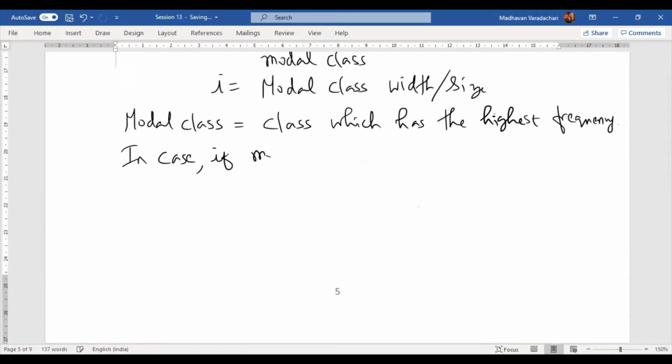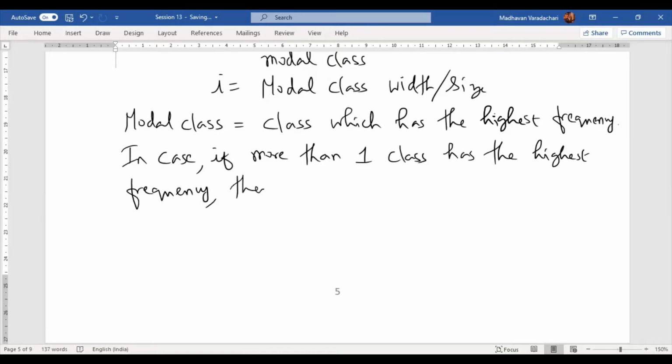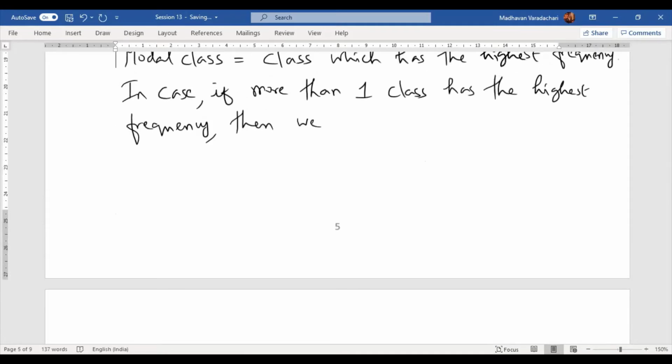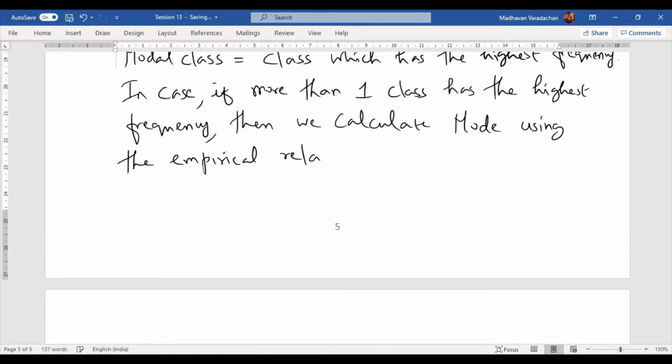If more than one class has the highest frequency, then we calculate mode using the empirical relationship formula.